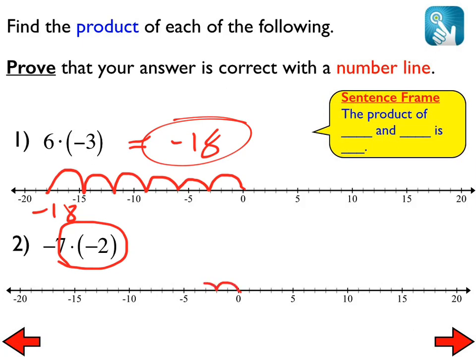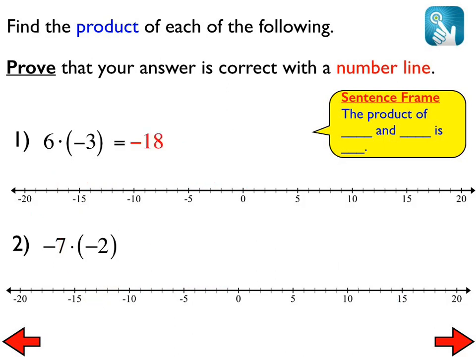So 1, 2, 3, 4, 5, 6, 7, which is at negative 14. But we're dealing with the opposite of that. And the opposite of that, of course, takes us way down here at positive 14. So using a graph, that's what the graph should look like for number 2. Any questions on either one of those?